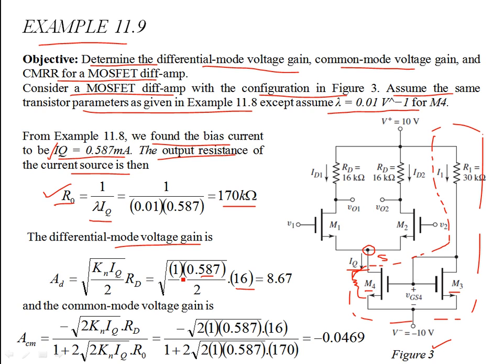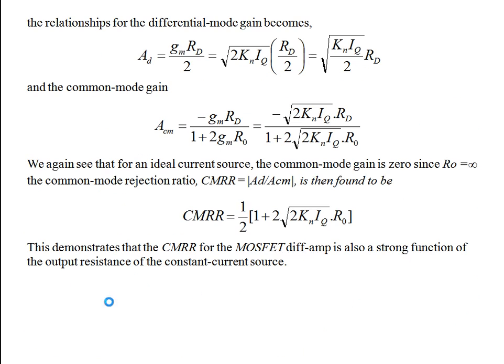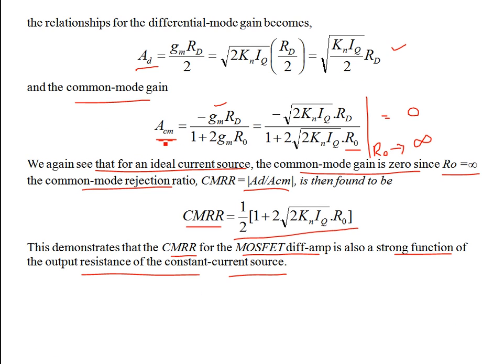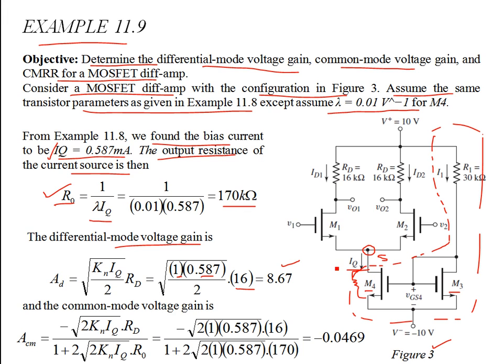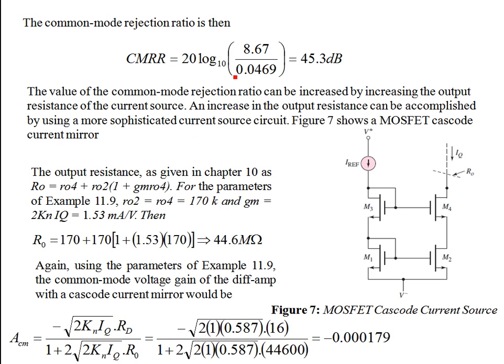Substituting these values, you'll find the differential gain as 8.67. Similarly, for the common mode gain, use the expression and plug in the values of RD and R0. R0 is the output resistance of the current source, that is the M4 transistor, 170 kilo-ohms, and this value becomes equal to 0.0469. So the common mode rejection ratio for these values is 45.3 dB.